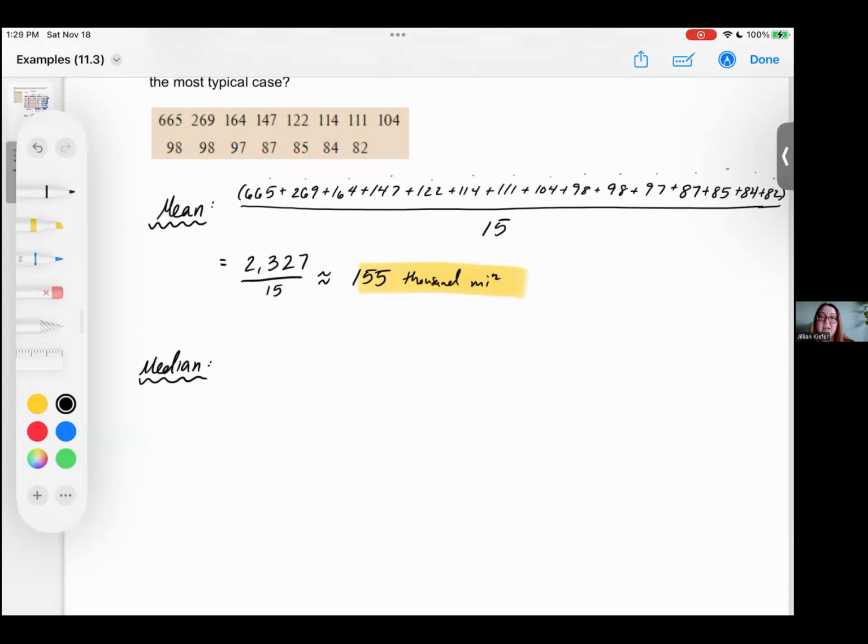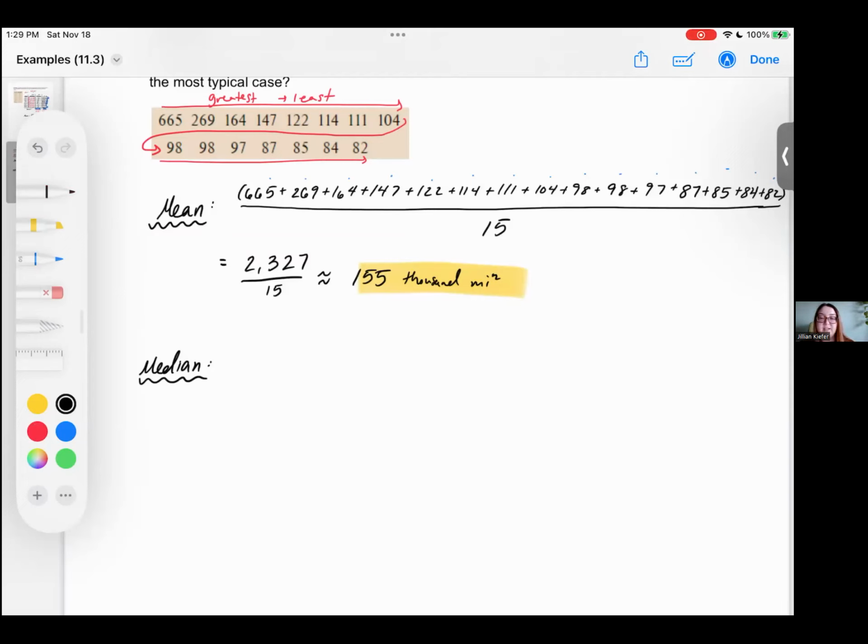But in this case, our data is actually already arranged from greatest to least. So if it's already in greatest to least, there's really no reason to rearrange it, although you can if you would like. But instead, we're just going to pick it out of our list here.